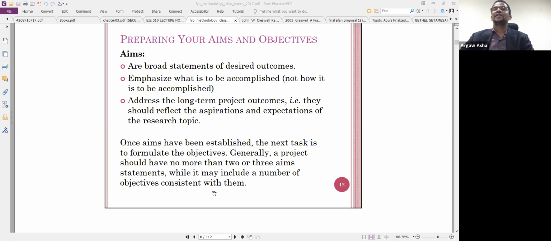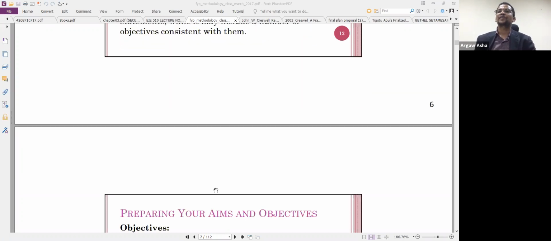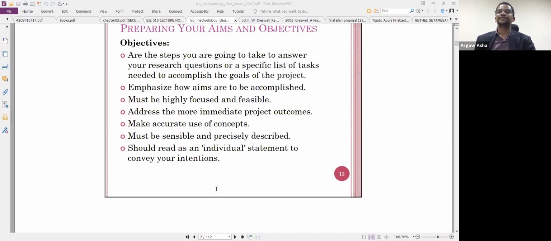Here, you explain what is to be accomplished as the aim, the outcome of your research, the outcome of your proposal, and in the long term or short term, you can explain in detail how it works.